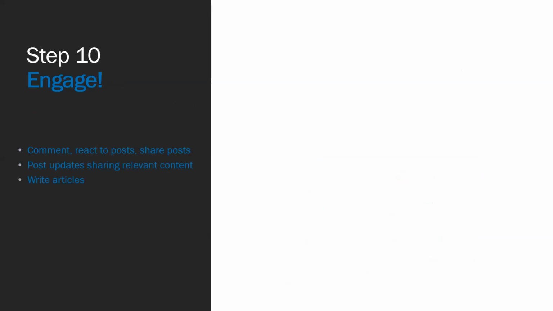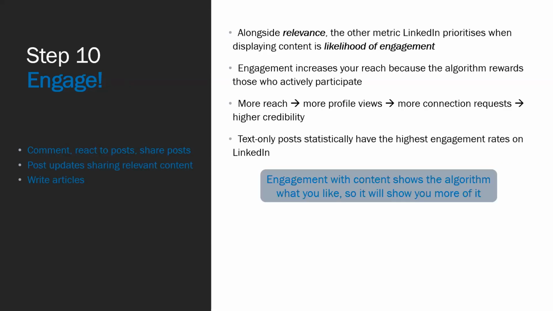Engagement can be anything from comments to likes to any other reactions on posts, to sharing posts, to posting updates, sharing relevant content, and even writing articles. So the reason this is important is that alongside relevance, the other metric that LinkedIn really prioritizes in displaying content is the likelihood of engagement.